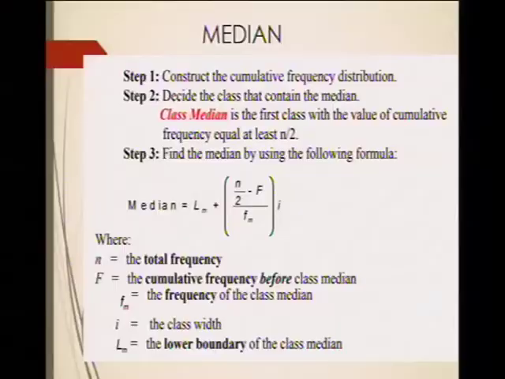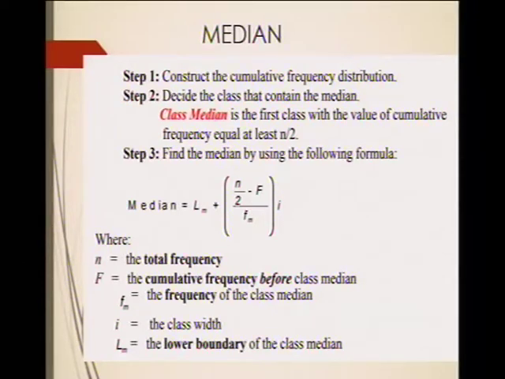Okay, then we move on to the median. To find the median, you use the formula on the screen. It says Lm plus n over 2 minus big F divided by fm, everything in the bracket multiplied by i. But we have defined what is n, what is F, what is fm, what is i, and what is Lm.